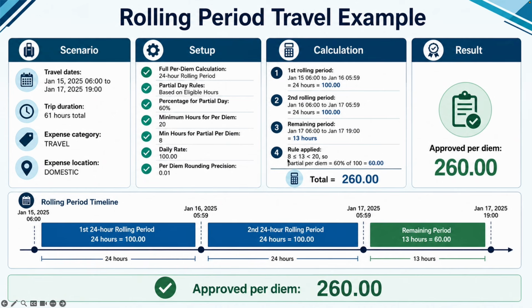So you have a minimum hour for partial per diem, which is 8. So 8 is less than 13, so that's applicable. But for the full per diem, it should be minimum 20 hours. So I spent 13 hours, so I get the partial per diem. So 60% of 100 becomes 60. So that's why you get 100, and then 60. So that's the $260 window. Yeah. So let's take a look how we configure that.